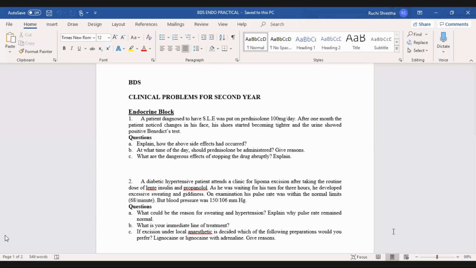If we don't want systemic side effects, we should add adrenaline. What is your answer? Lignocaine with adrenaline, I think. So lignocaine with adrenaline. Does anyone else want to give an answer? So it can be lignocaine with adrenaline or lignocaine. Does anyone want to add an answer?